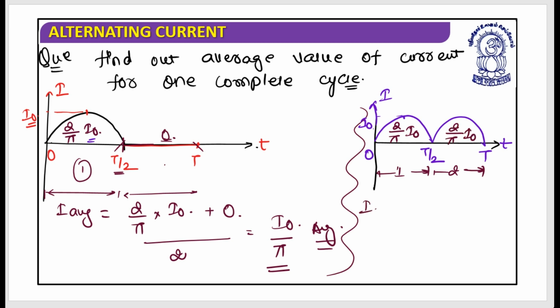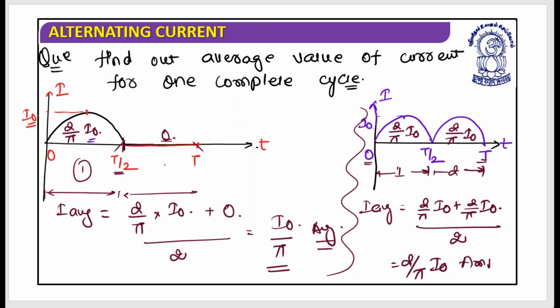So now the average value is 2 by pi I naught plus 2 by pi I naught divided by the total cycle, which begins from 0 and ends at 2. This is 2. So this will be equal to 2 by pi of I naught ampere. This is the average value of this current. I hope this is clear.